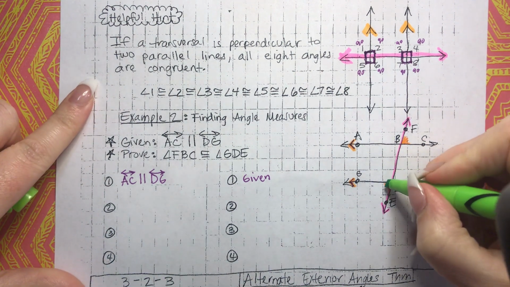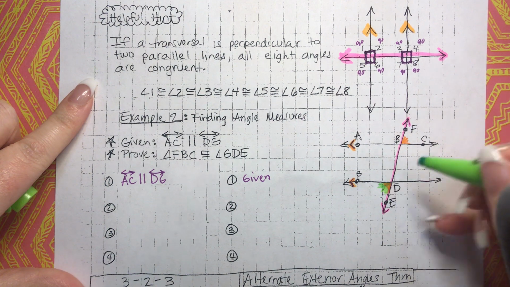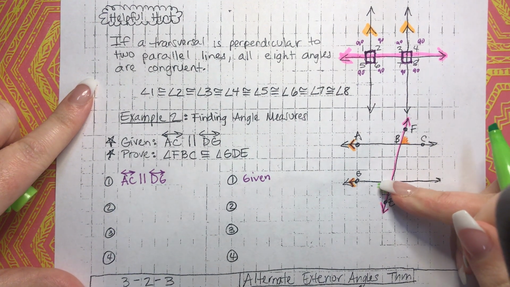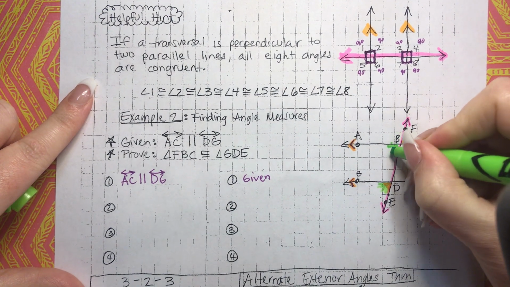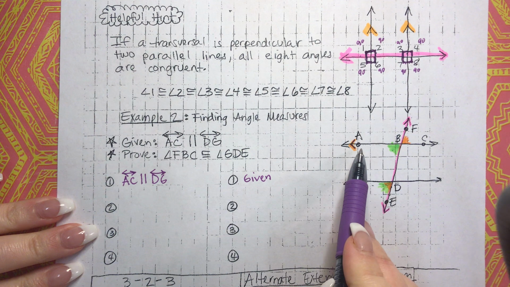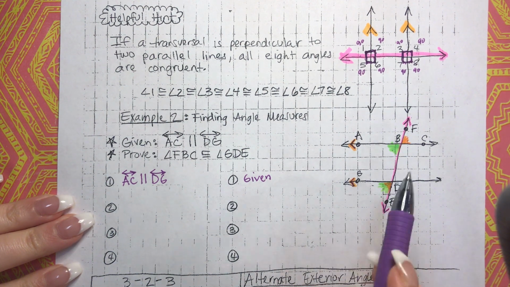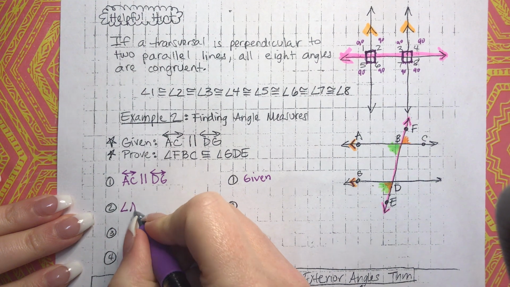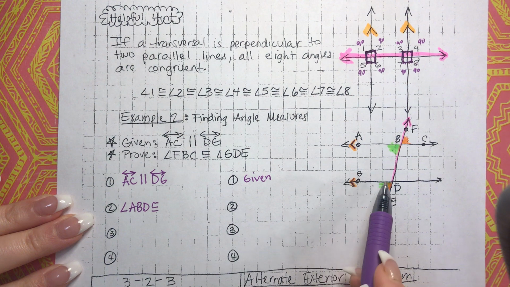If I'm going to take this angle right here, what do I know? The corresponding angle, right? So this is on the bottom of this line, so it'd be the bottom of this one. These are corresponding angles, right? So what I can say is that angle ABD is congruent to angle GDE.